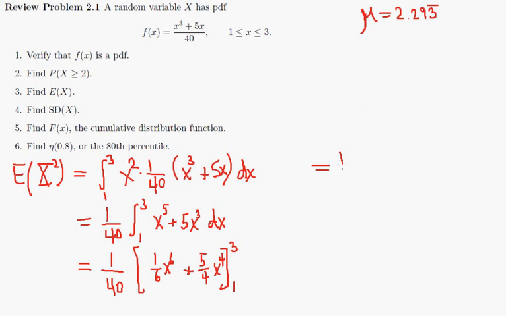That is equal to 1 over 40. Okay, plugging in 3, 3 to the sixth divided by 6 is 729 divided by 6. Plugging in 3 here, we have 3 to the fourth is 81 times 5 for 405, divided by 4.